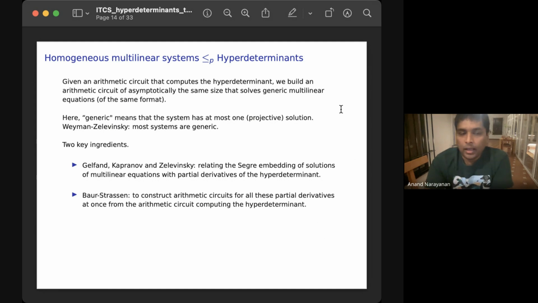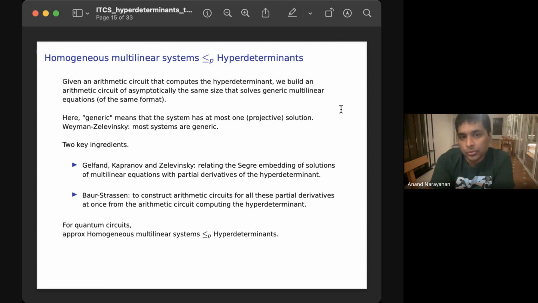Okay, and we will see shortly how all this works, but I also want to mention that our reduction also works for quantum circuits. And this is interesting because hyperdeterminants, at least Cayley's formula, was rediscovered by quantum physicists as a measure of multipartite entanglement. So they are of relevance for quantum computers.